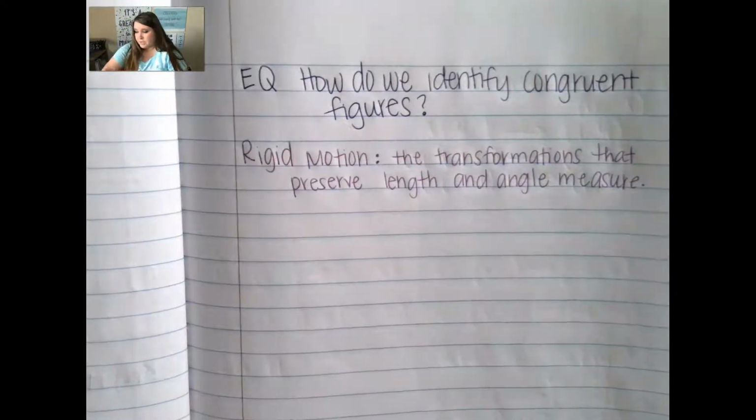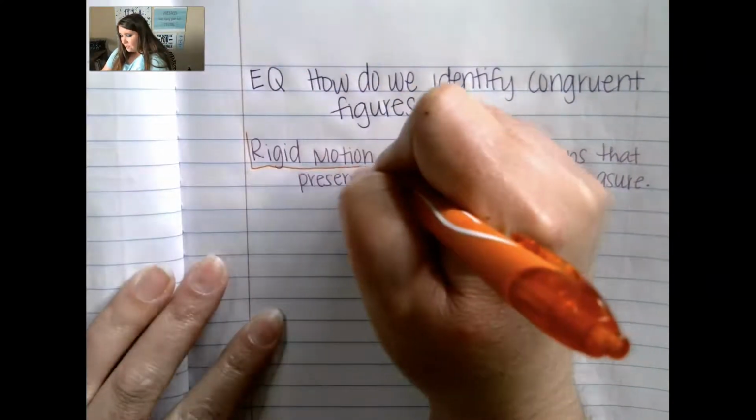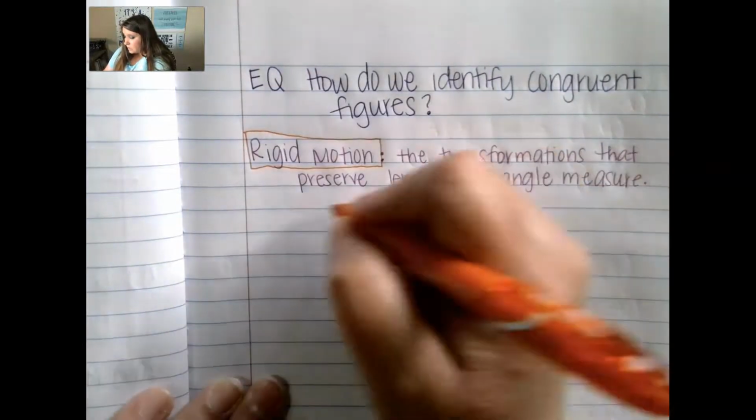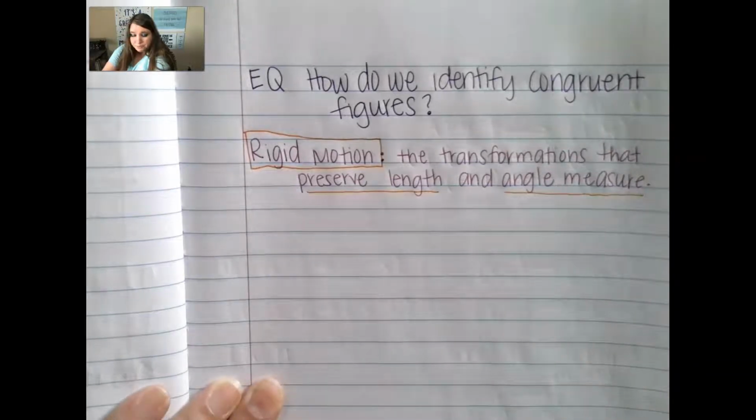We call these rigid motions. The shape itself is not changing, only the location. So we're preserving the length and the angle measure.